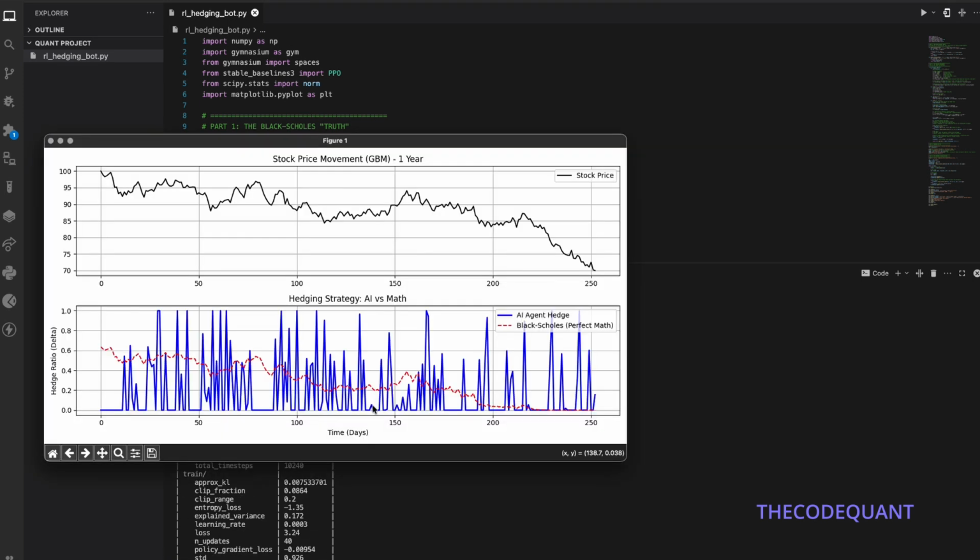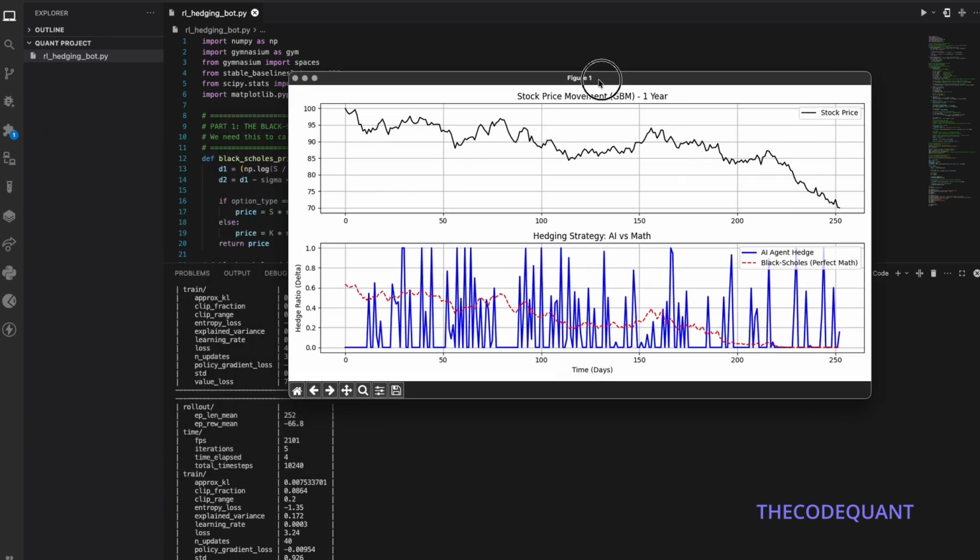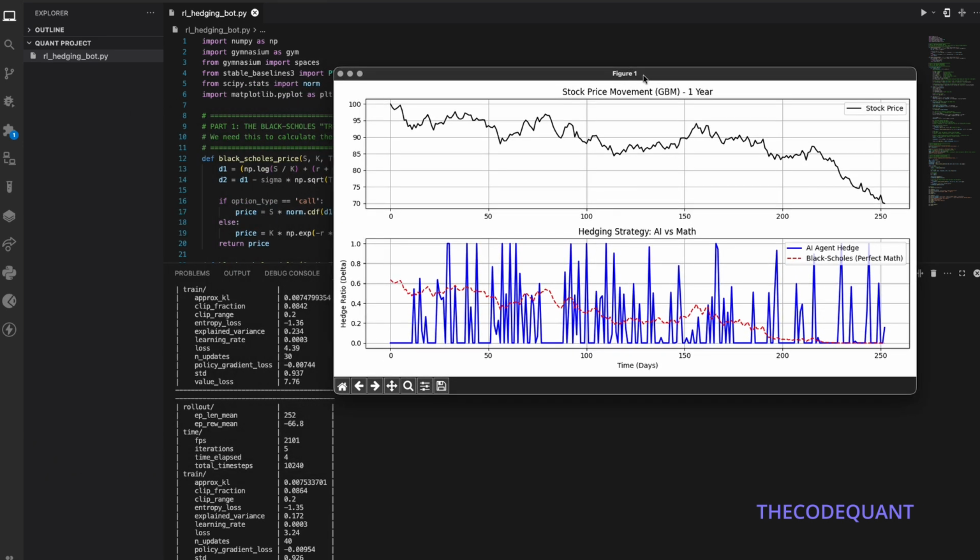The black line is the stock price moving up and down randomly. The red dashed line is the perfect math, the Black-Scholes delta. The blue line is our AI agent.